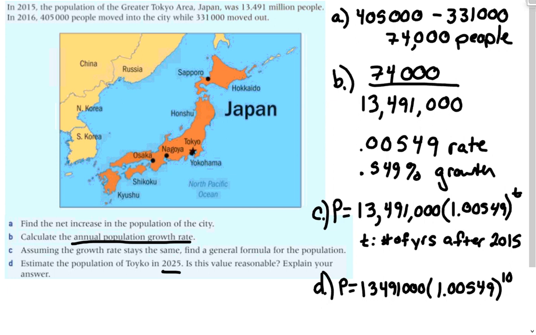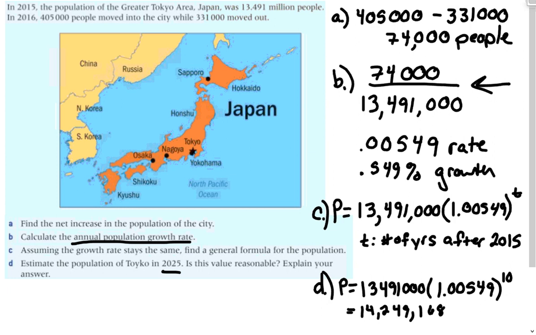So I know for our decimals along the way, we approximated them. But you always go back to the exact value that you calculated up top here. So take that to the 10th, multiply it out, and you end up getting 14,249,168 people. So that's how you can use your formula that you created in C.